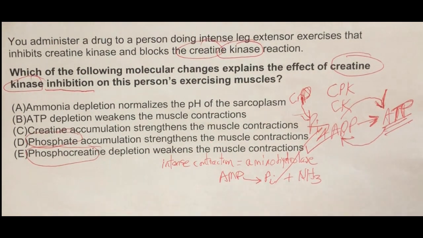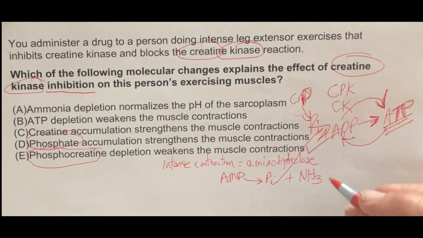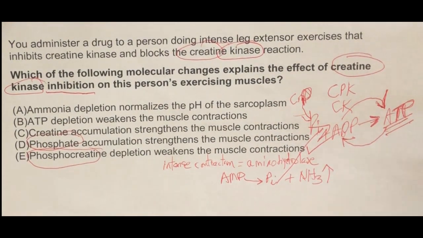Amino, where does amino come from? From ammonia, from NH2, which is part of adenosine monophosphate. And so, NH3 builds up under intense exercise. So ammonia depletion normalizes the pH of the sarcoplasm. Let's see how that works.